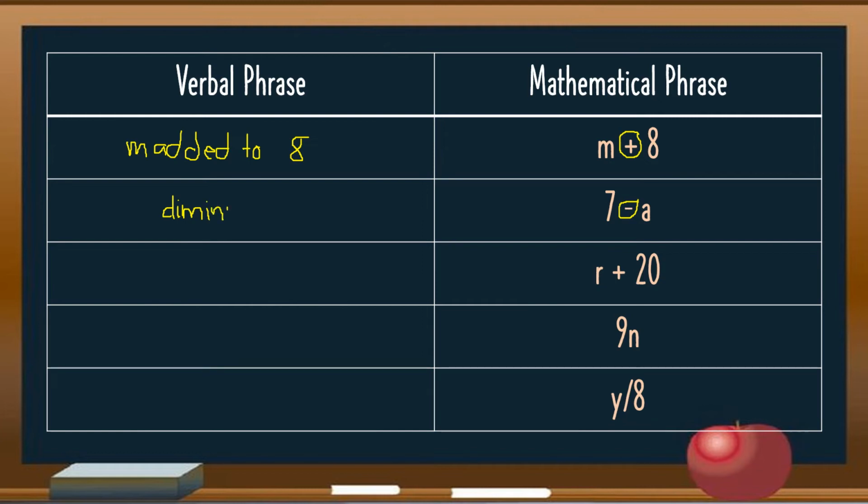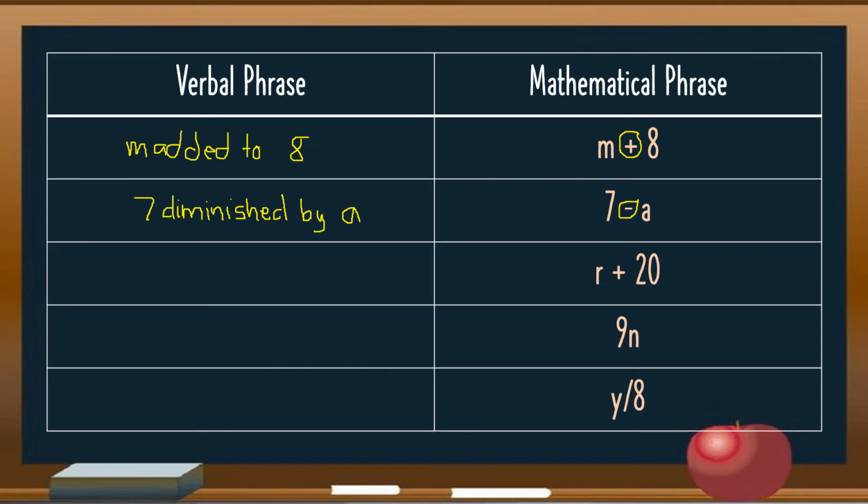Then, sino ba yung pagmaminus natin? Si number 7 and si A. Okay, so we have 7 diminished by A.